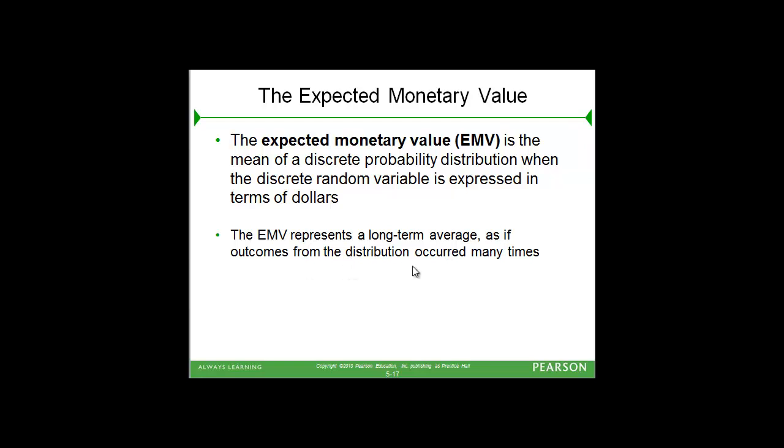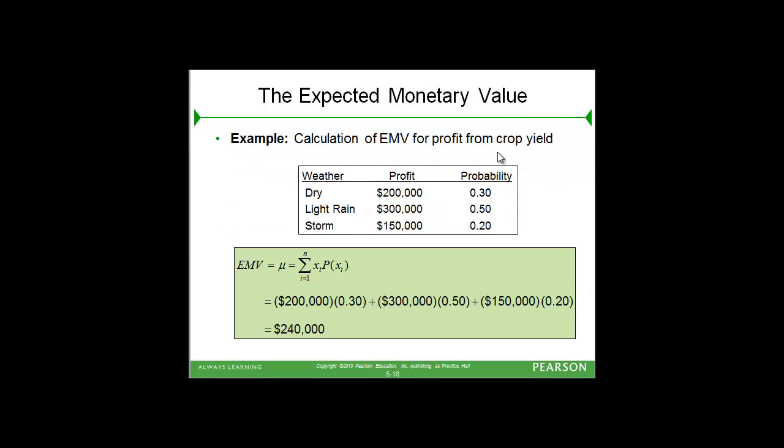For example, here is a calculation of the expected monetary value for profit from a crop yield. There are three different kinds of situations: dry weather, light rain weather, and weather with a storm. And for each situation, there is a profit level.